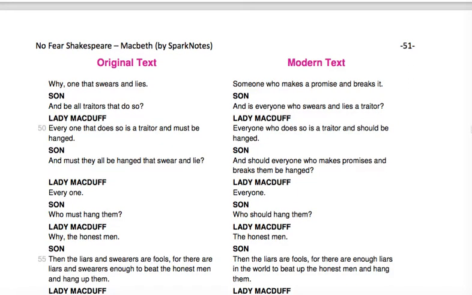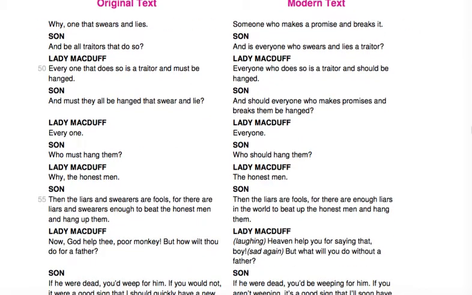And Macduff's son wants to know, well, who's in charge of sentencing these people that, according to Lady Macduff, should be hanged for swearing and lying? And Macduff's son realizes that there are more liars in the world, more dishonest people, than there are honest people. And the irony here is that one group that's smaller than the other is able to defeat it, right?